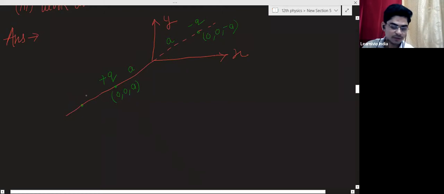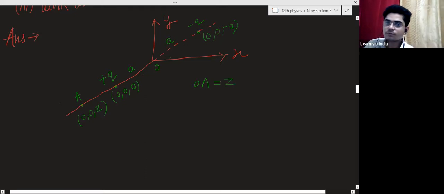So this is point A, having the coordinate 0, 0, z. What is the distance between this point A and the origin O? OA equals z. Very good. I am supposing this point as P, where the charge q is placed.